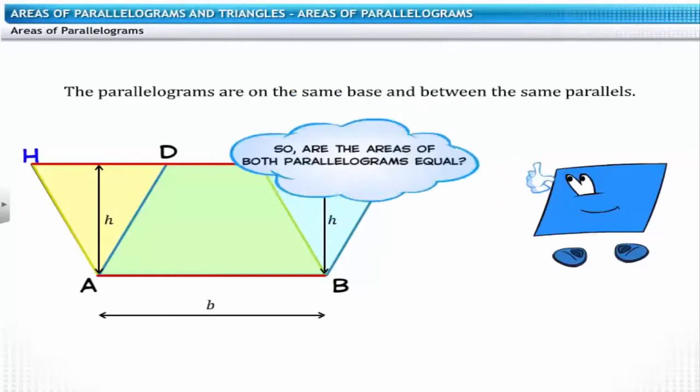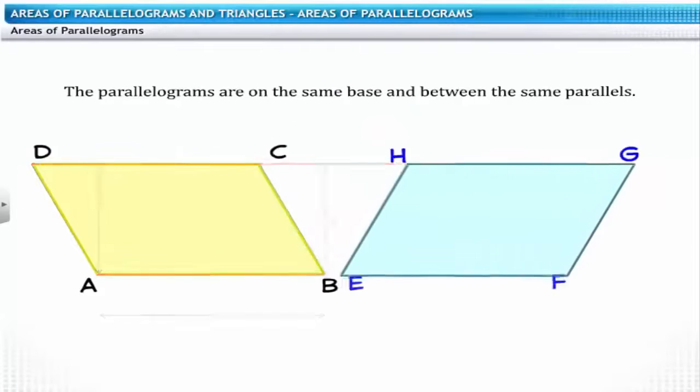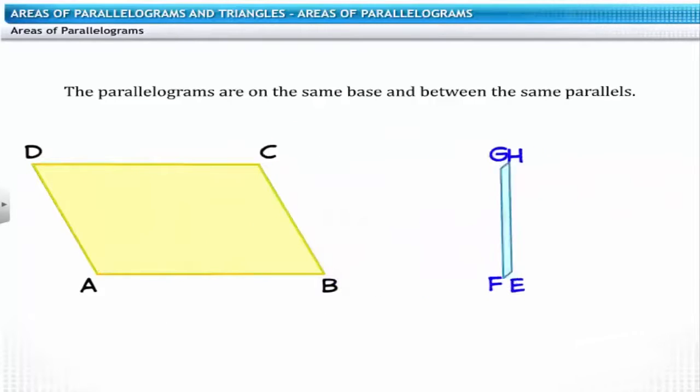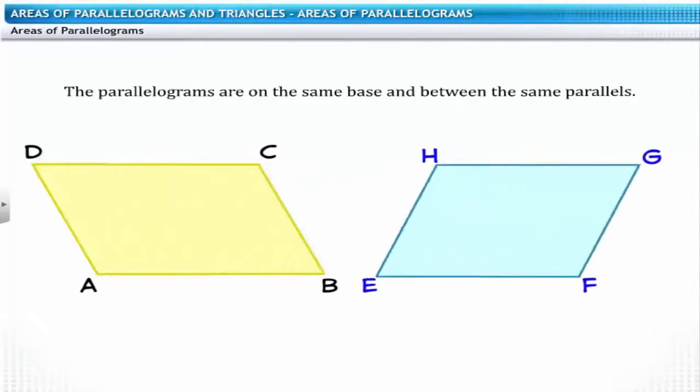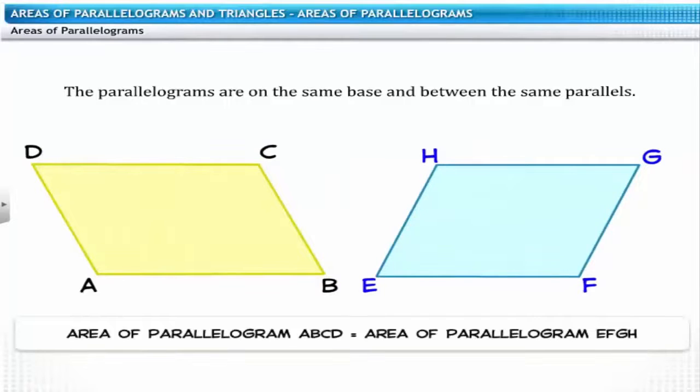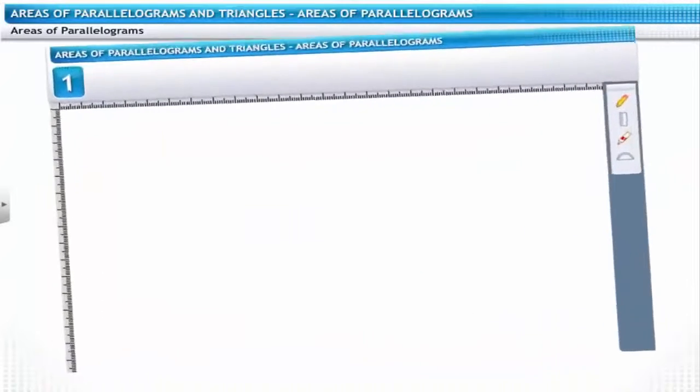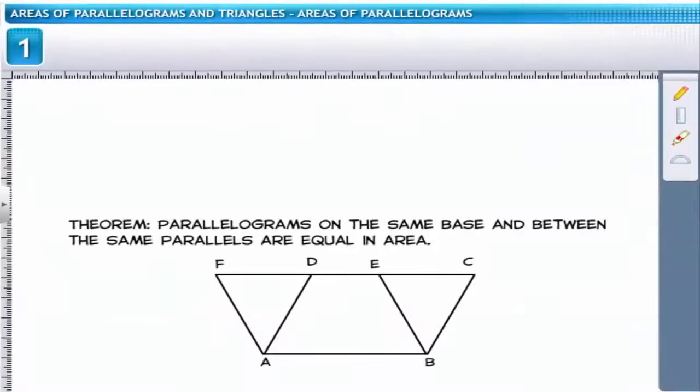Does it imply that the area of both parallelograms are equal? Yes, it does. Based on this activity, we arrive upon a theorem. Parallelograms on the same base and between the same parallels are equal in area.